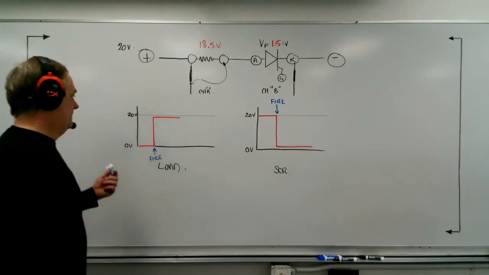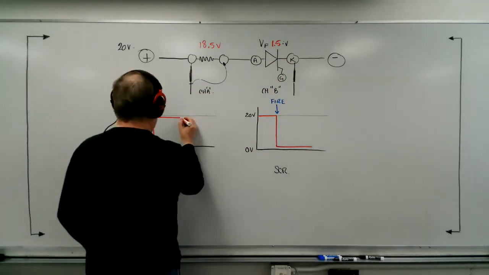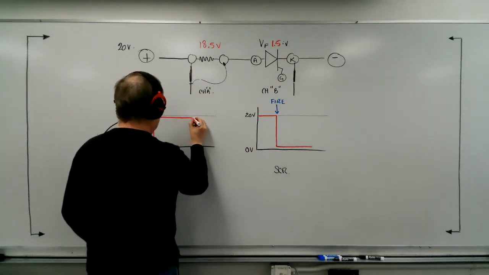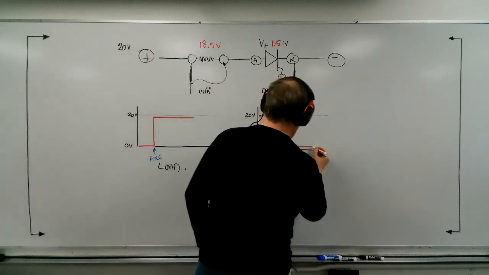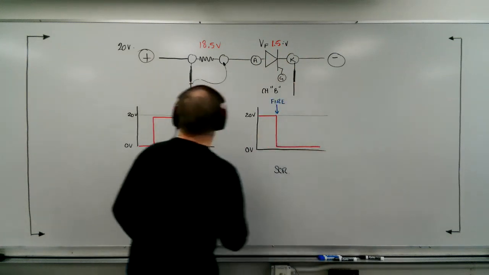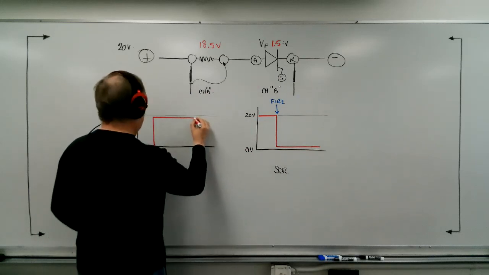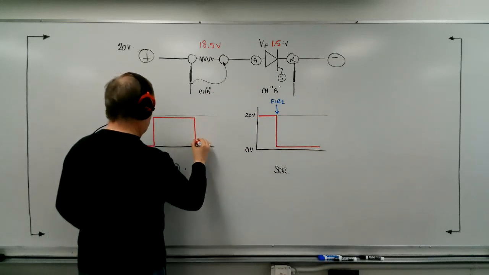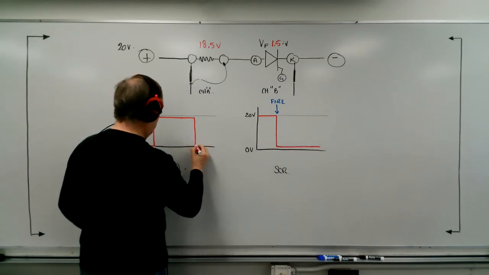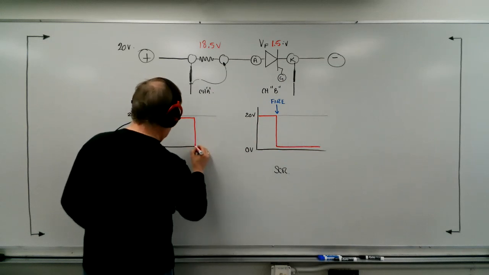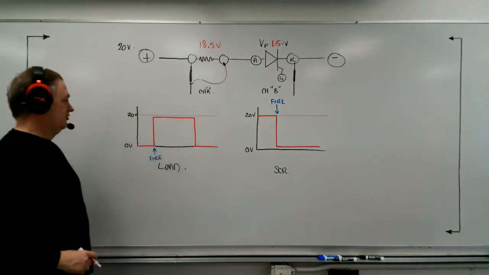Now, remember, this is going to continue indefinitely unless we force it to actually shut off. So what we'll do is commutate the SCR, and when we do that, the load voltage drops straight back down to 0, and it will just stay at 0 as time goes by.